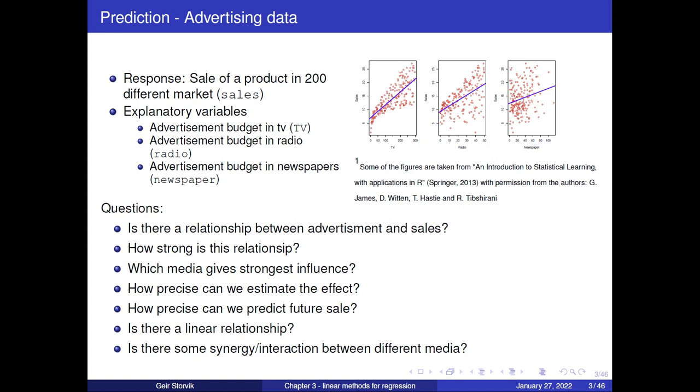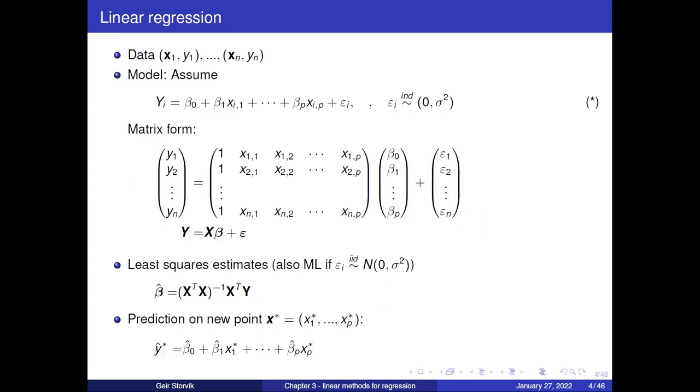Is it so that we should put everything on TV and just forget all the other things? Or is there something else that is better to do? And then it could also be interesting how precisely we can estimate the effect and so on. So many different questions that we would like to pose here.